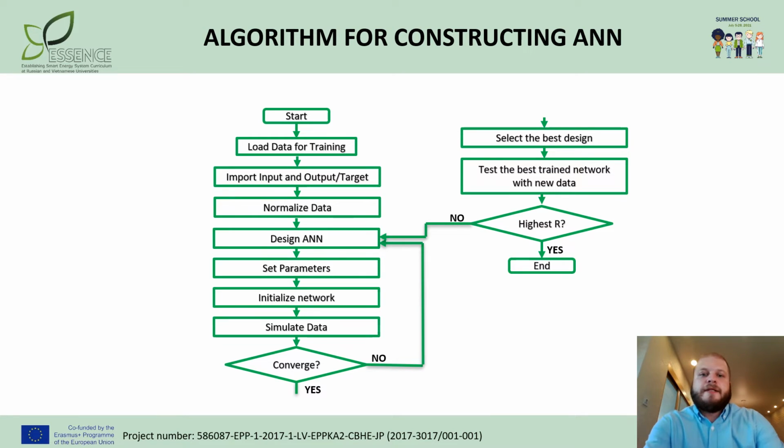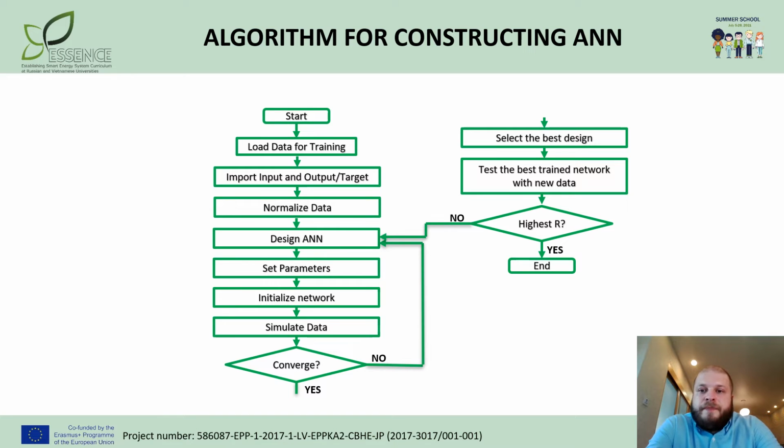This diagram illustrates a simplified algorithm on how to construct artificial neural networks. So anyway, we start with loading data for training, designing the artificial neural network and setting the corresponding parameters. Then we simulate the data and assess the convergence of the algorithm.